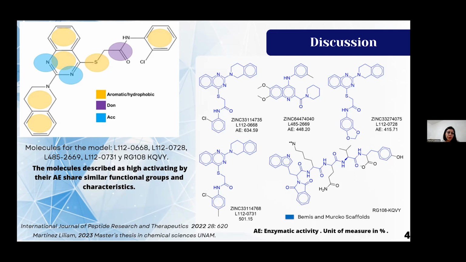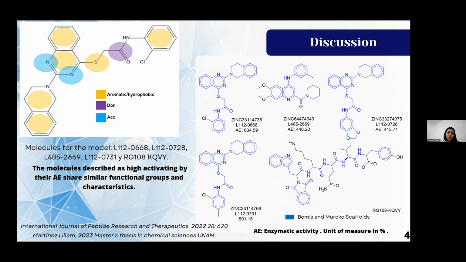The criteria for selecting the molecules was a MACCS value greater than or equal to 0.8 and ECFP6 greater than or equal to 0.5. Then Bemis and Murcko scaffolds were calculated. The result was that the majority of these molecules share the same scaffold except for 2, this and this.